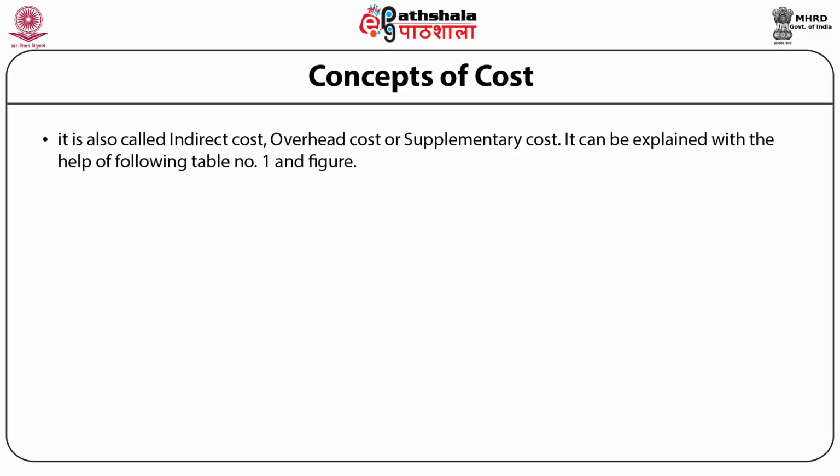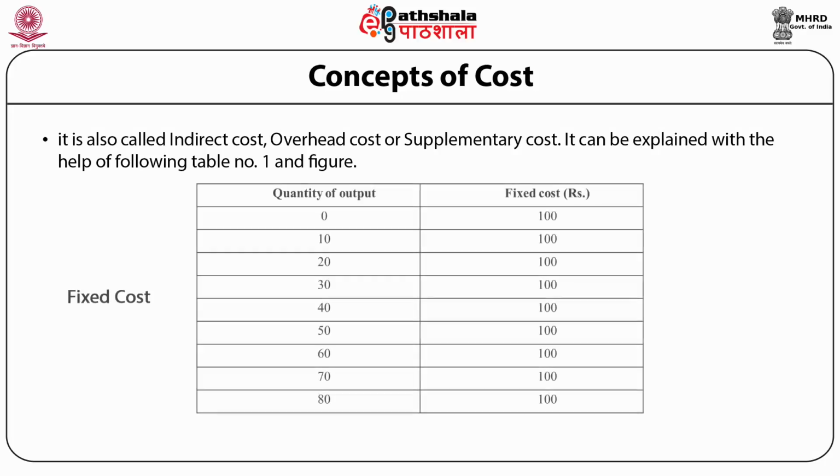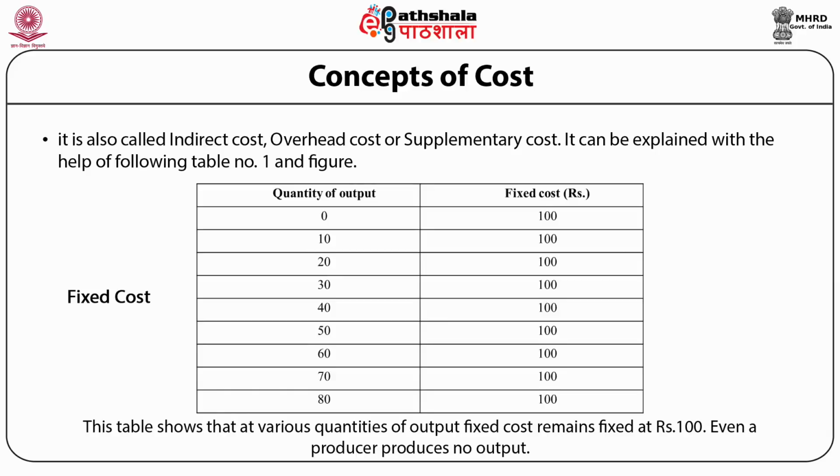It can be explained with the help of a table and diagram. This table shows that at various quantities of output, fixed costs remain the same, that is rupees 100. Even when a producer produces no output, fixed costs remain the same, that is 100.